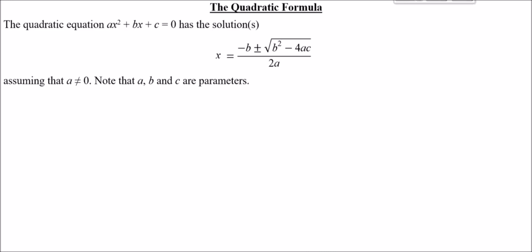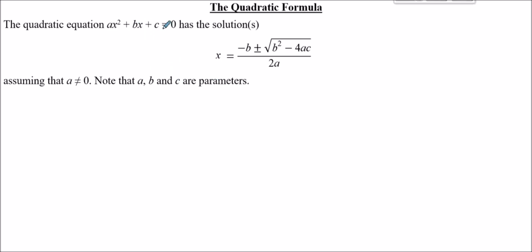So let's have a think about now the quadratic formula. So the quadratic formula, what is it? I'm sure you will know, of course, but just a bit of introduction for you. The quadratic equation is the standard form of ax² + bx + c = 0, where a, b and c are parameters.